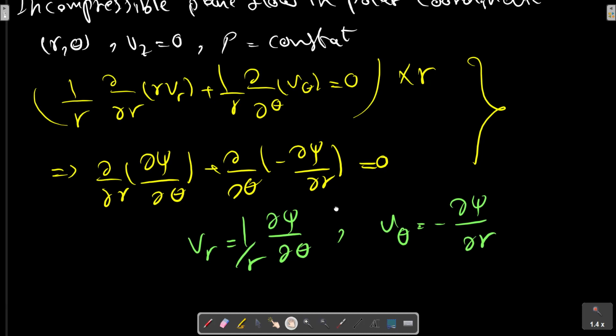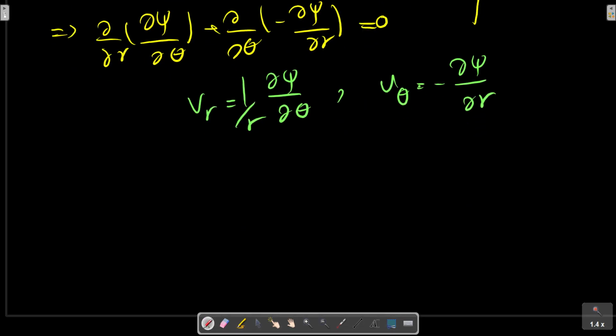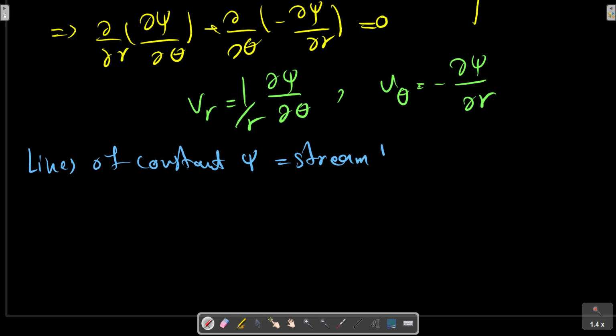So we also have the volume flow from the definition, again changing across lines of constant psi, equals to the streamlines, and the change in psi equals the volume flow.